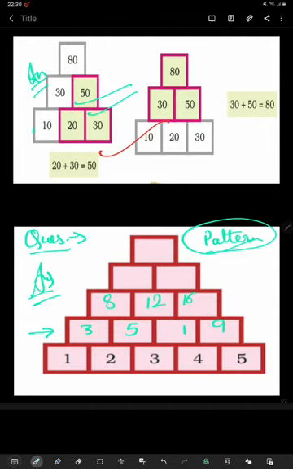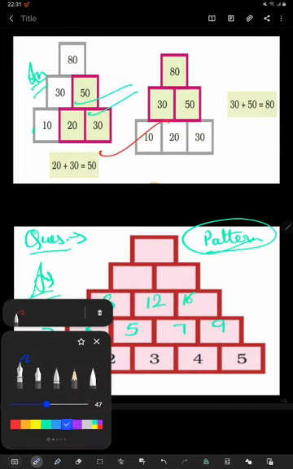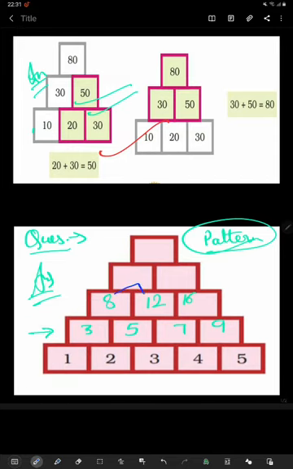Now here, what will come here? Now pause this video and give the answer. Okay, yes, your answer is correct. 8 plus 12, 20. And what you will get here? You can stop this video and you can try your answer. Yes, your answer is correct, 28, when we will add these two numbers.